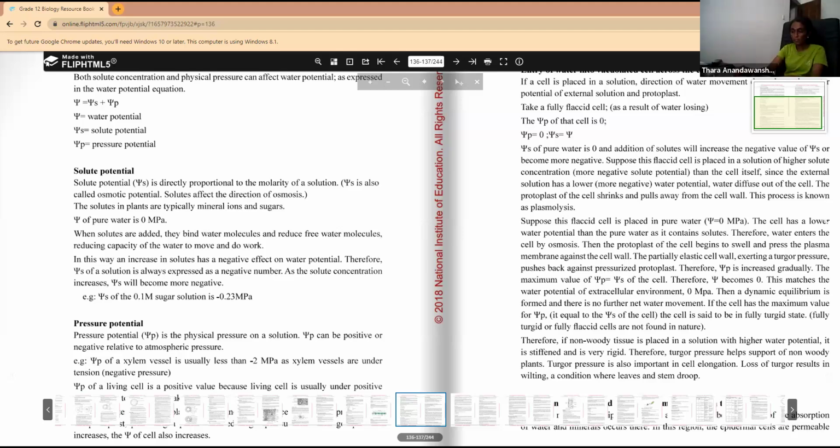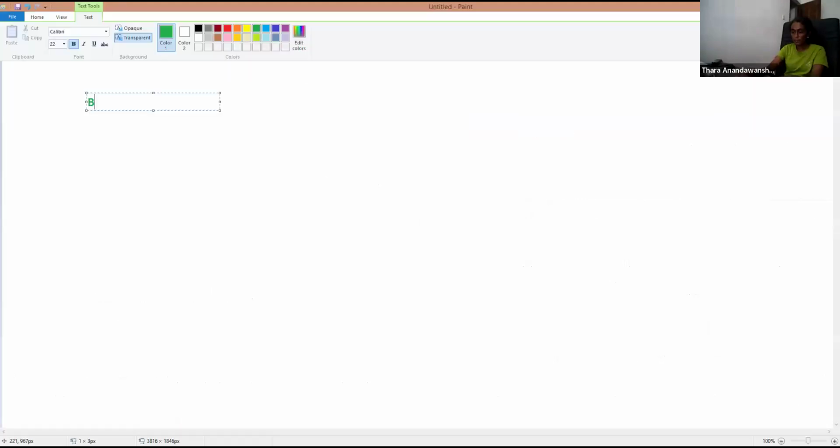Briefly explain how dissolving solutes affect the water potential. Right? This is question number 1. Question number 2.